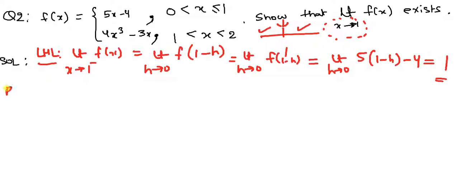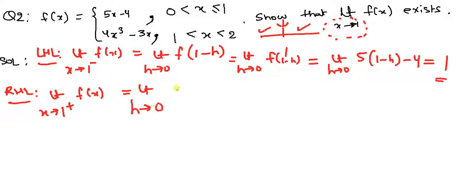Let's calculate the right hand limit. It will be the limit as x tends to 1 plus for the function, changing it to limit h tends to 0 of f of a plus h. Now when x is greater than 1 and less than 2, this formula is valid. So you're going to use f of x to be this in this case.